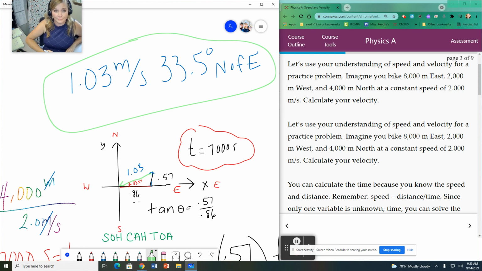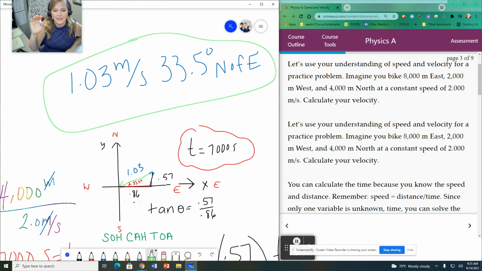Okay, so you've got your velocity, which we resolved by first getting the x component of velocity, then the y component of velocity, then doing the Pythagorean theorem to get the actual resultant velocity vector, then using Sohcahtoa to figure out that angle and realizing that you're moving north of east, right?